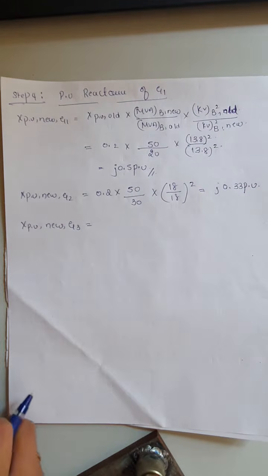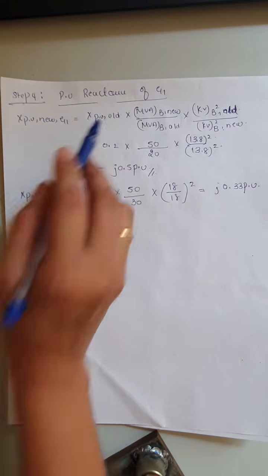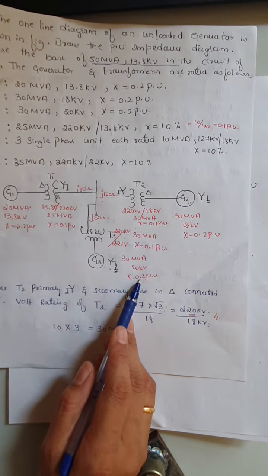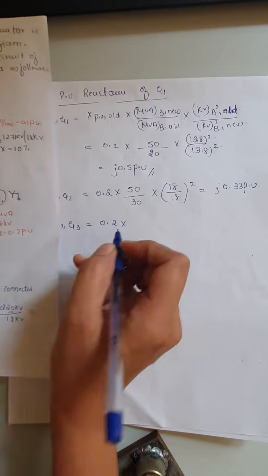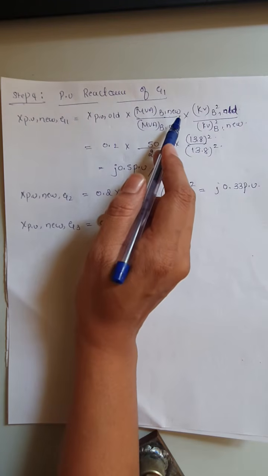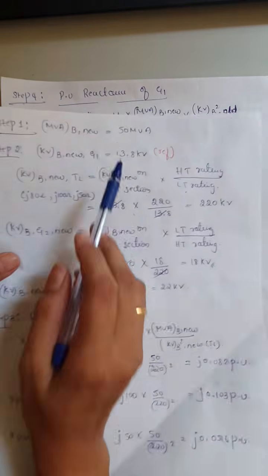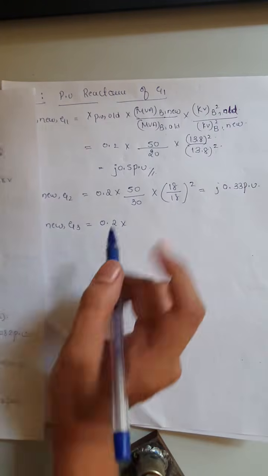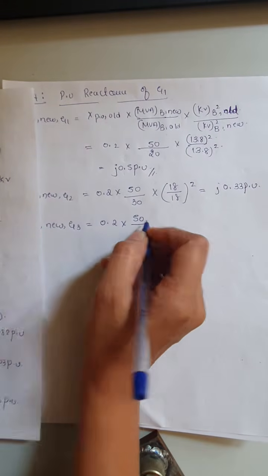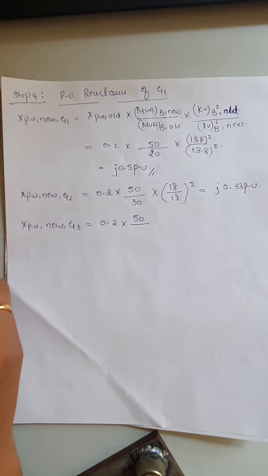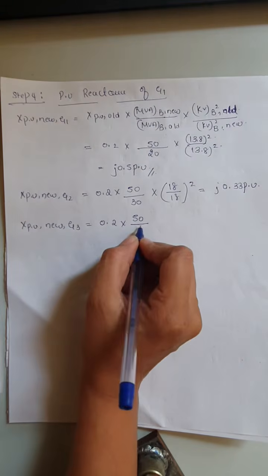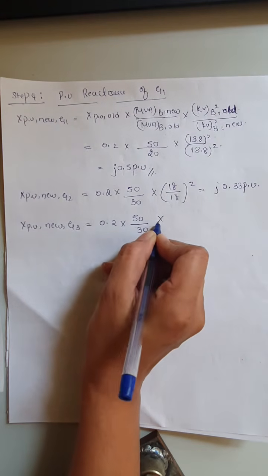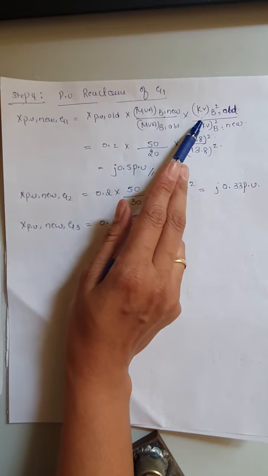Next we'll do the per unit reactance calculation for generator 3. Use the same formula. X per unit old for generator 3 is again 0.2 per unit, multiplied by MVA base new, that is step 1 value 50 MVA, divided by MVA base old. Old is nothing but the given value in the problem, 30 MVA, multiplied by kilovolt base square old.